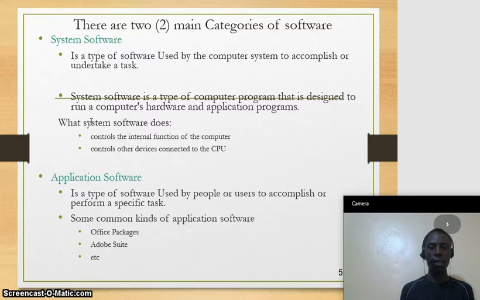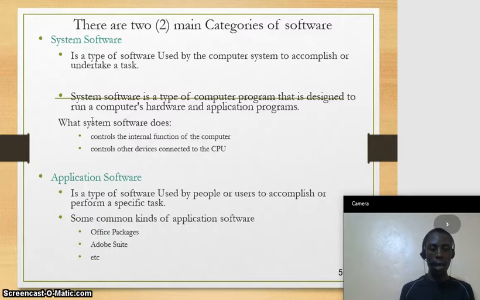So the system software is that category used by the computer system. A computer uses the system software, for example, the operating system. It helps the computer to perform some tasks.